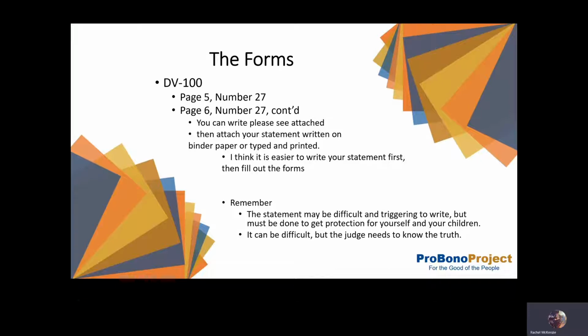And then on your statement, you would just attach it once you write your story. And that can be written on binder paper, or it can be typed and printed. But I think it's easier if you write your statement first and then fill out the forms, so you don't have to rewrite everything numerous times.